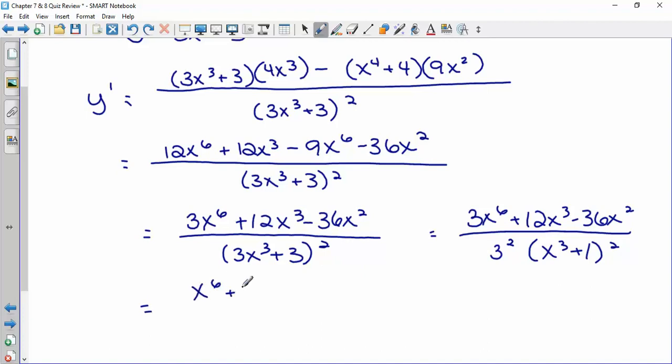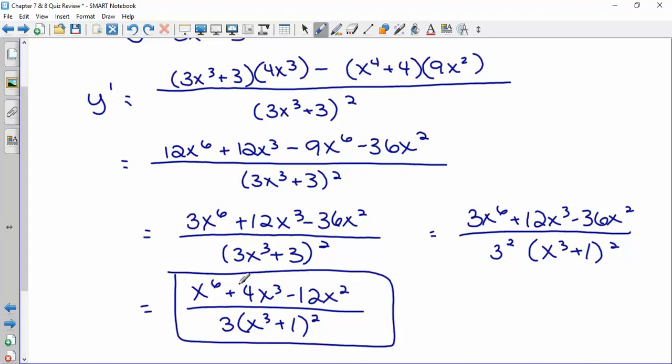So when you cancel a 3, you still have 1 3 left on the bottom because we only canceled one of them. That's also obvious if you actually FOILed out the bottom. You would see everything had a 9 in it. And so when you divide by 3, you're left with that 3.